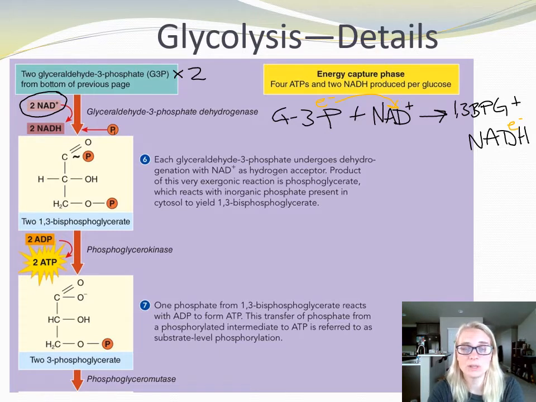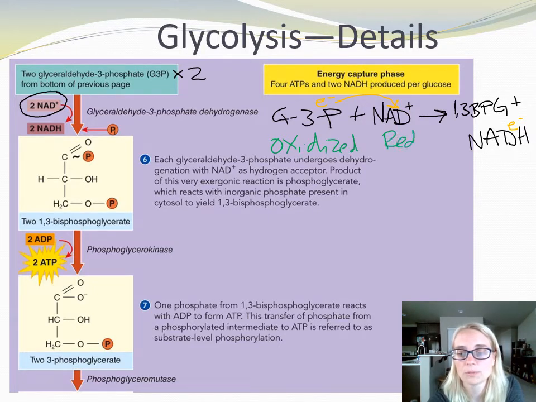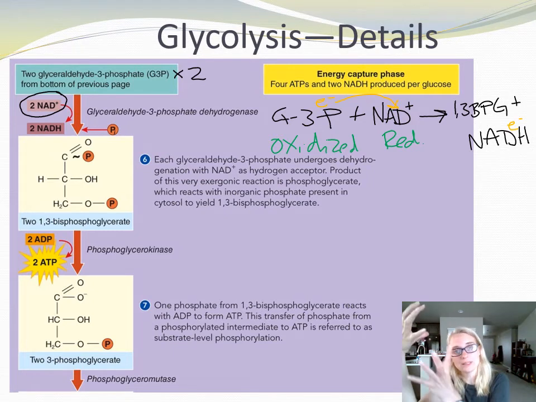And so this is what's happening. So G3P is being oxidized. NAD+ is being reduced, right? So G3P is losing electrons, so they're being stripped away. NAD+ is gaining those electrons with that hydrogen.